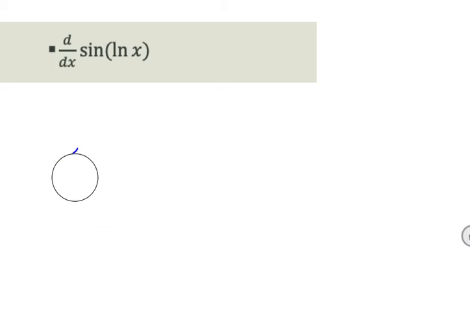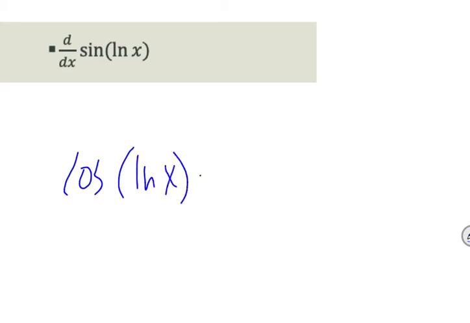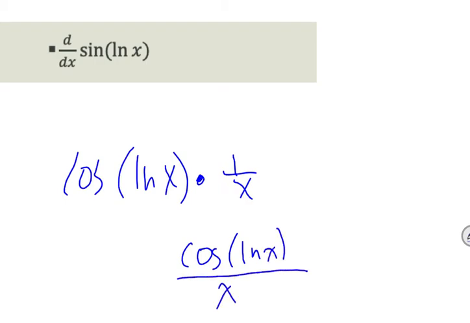Yeah, so cosine of ln x times the derivative of the inside is what? The derivative of ln is 1 over x, so we're left with cosine of ln x all over x.